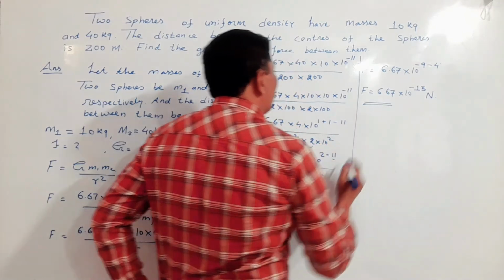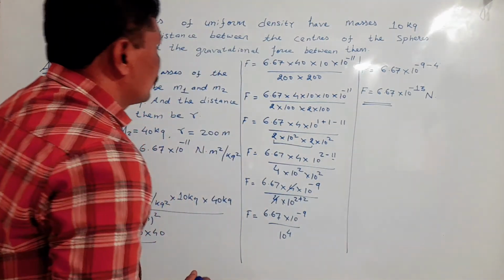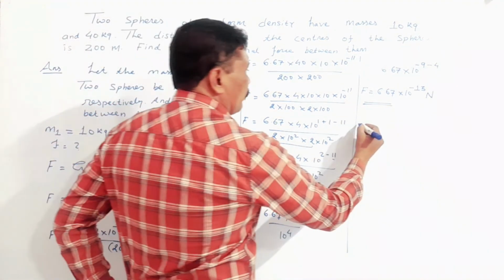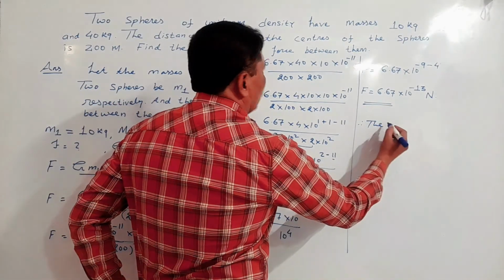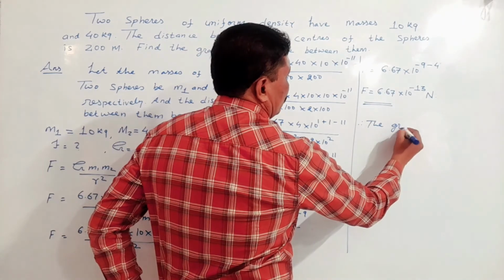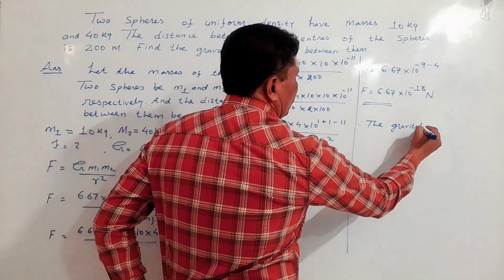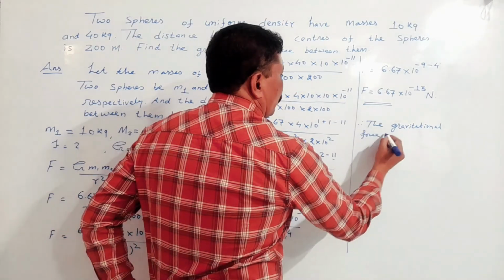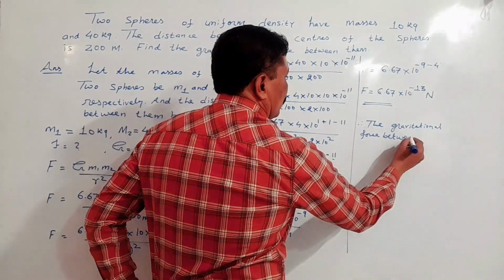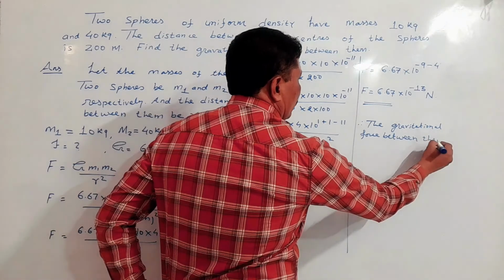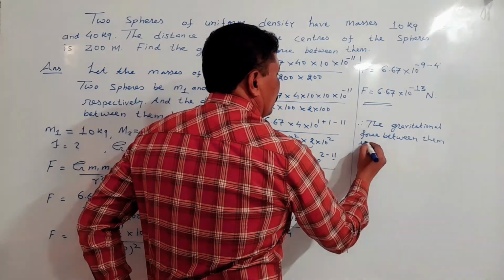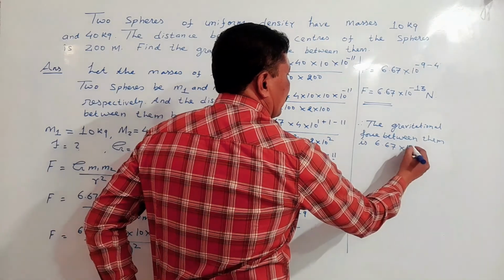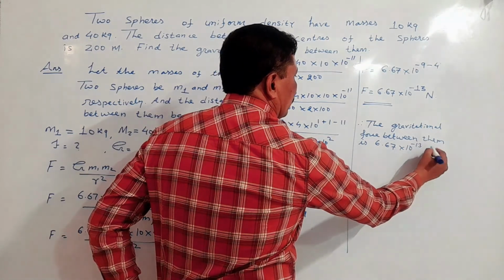So this is our answer. Find the gravitational force between them. You can write in words also. The gravitational force between them is 6.67 into 10 to the power minus 13 Newton.